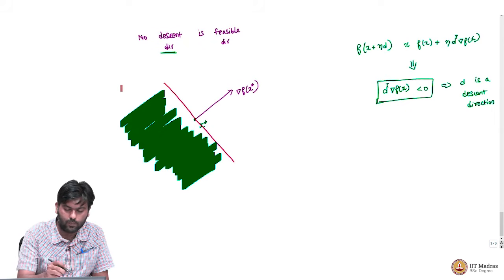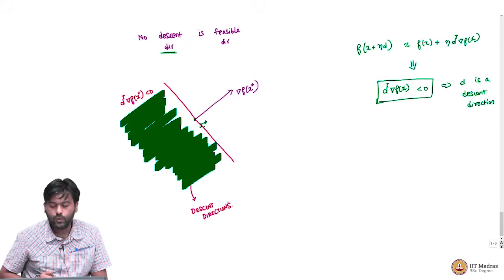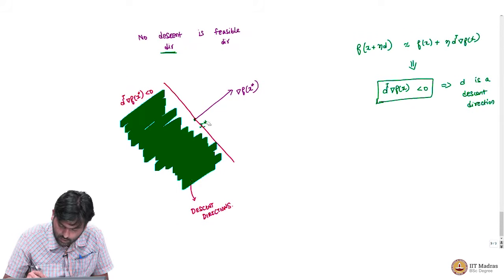So, this is where d transpose del f of x star is less than 0. In other words, these are the descent directions. Good. So, these are the descent directions. Maybe I will make the x star explicitly clear.